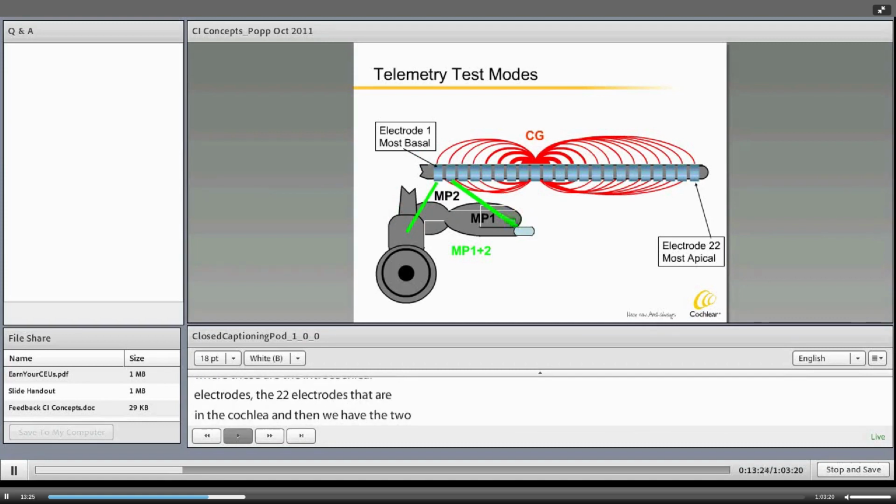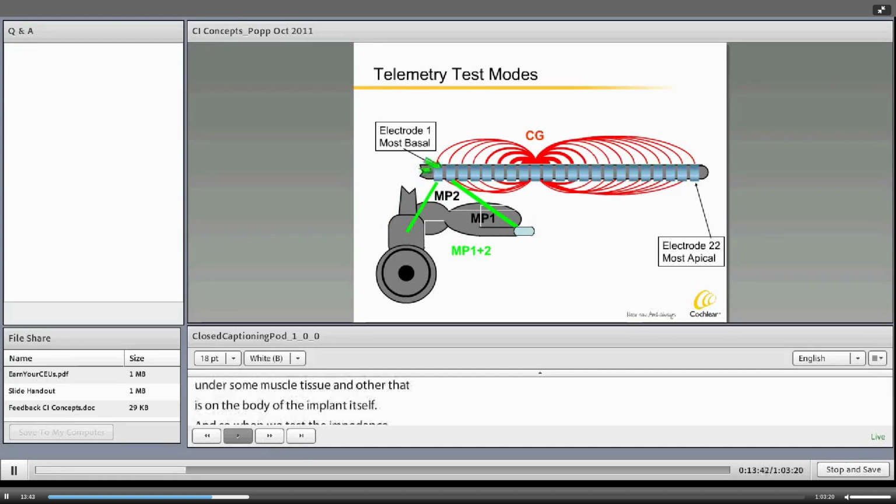And then we have the 2 ground electrodes, one that's on an additional lead that comes off the electronics of the device and is placed under some muscle tissue, and the other that's on the body of the implant itself.